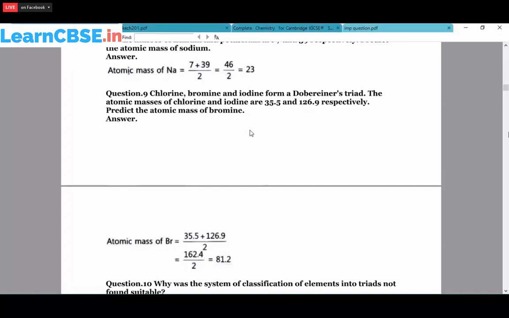Predict the atomic mass of bromine. Here also it is the same thing: they have given the atomic masses of chlorine and iodine, and we have to predict bromine by taking the average of these two. 35.5 plus 126.9 divided by 2: 162.4 divided by 2 gives 81.2. So this is the atomic mass of bromine.